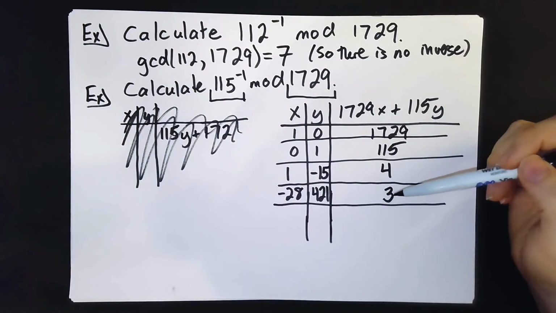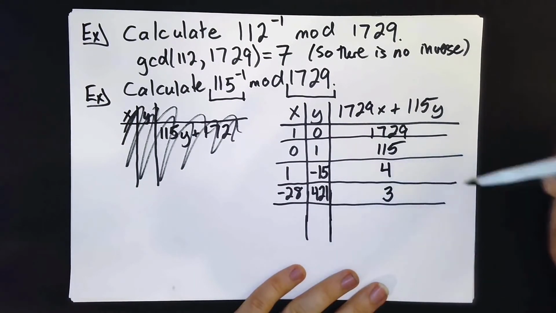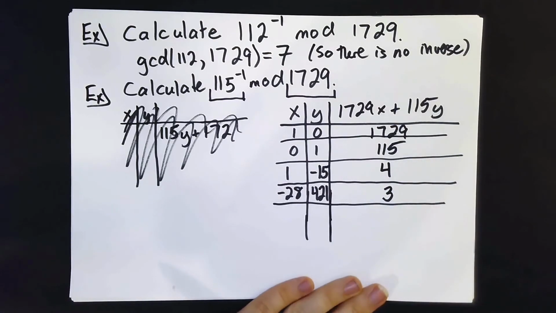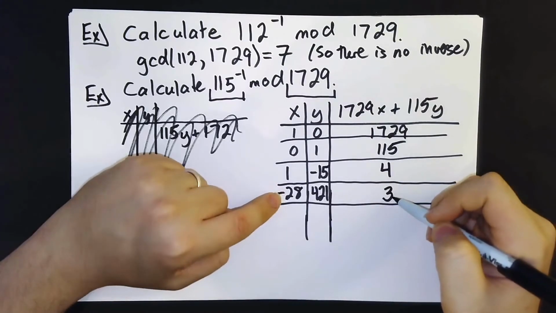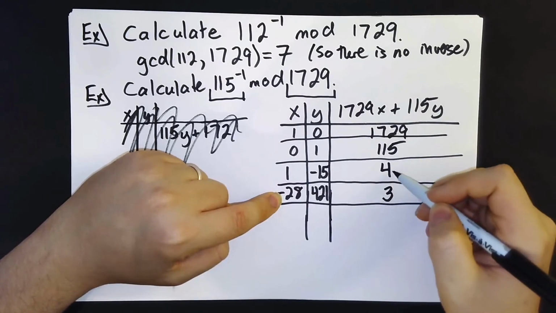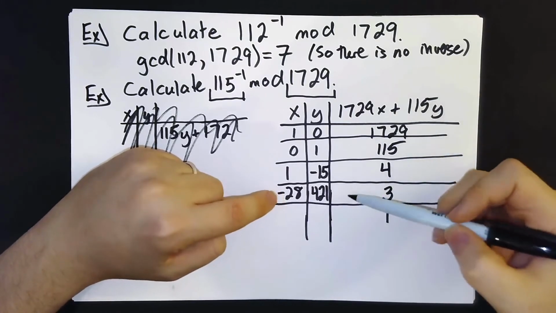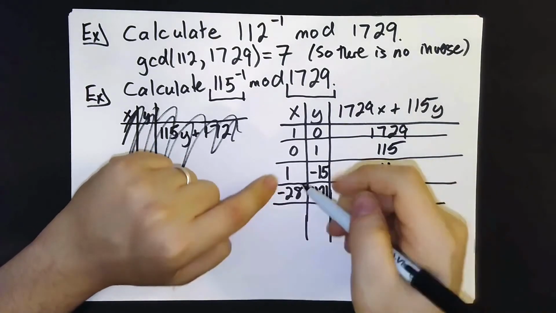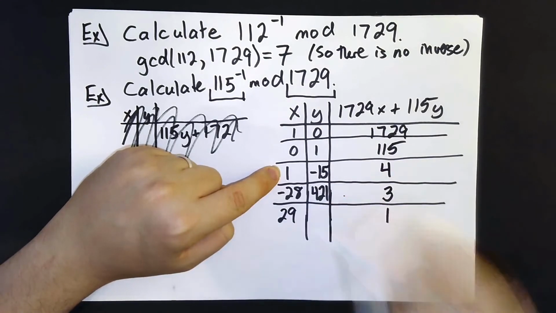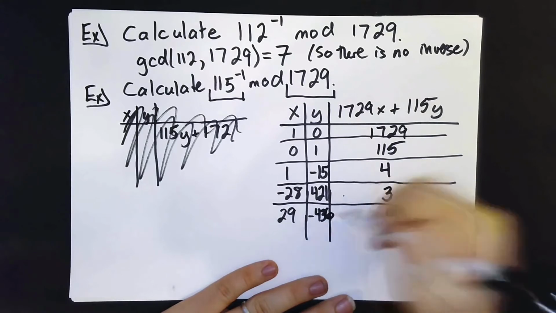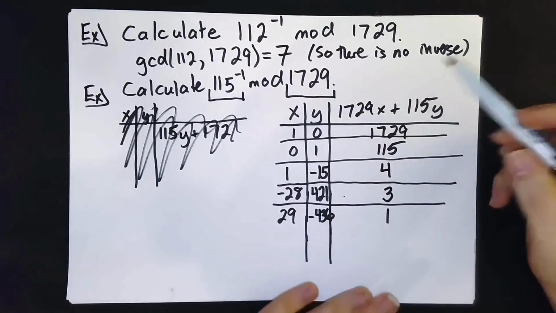So now, fortunately, the harder part is done, because now we get to ask ourselves, how many times does 3 go into 4? Well, 3 goes into 4 one time. And so I need to subtract 3 from 4, which will give me 1. And in so doing, I need to subtract this row from this row, which will give me a 29 here, and a minus 436 here.